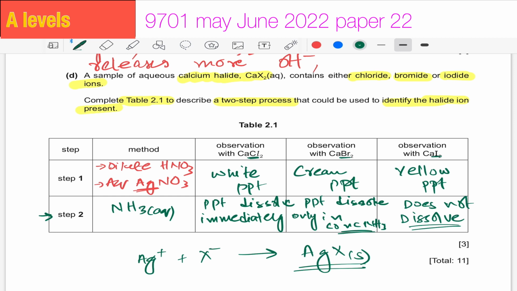So the PPT of chloride will dissolve immediately. The PPT of bromide will only dissolve in concentrated solution, and the PPT of iodide will not dissolve. Right, so this is the test for halide ions, and this is it for question number 2.